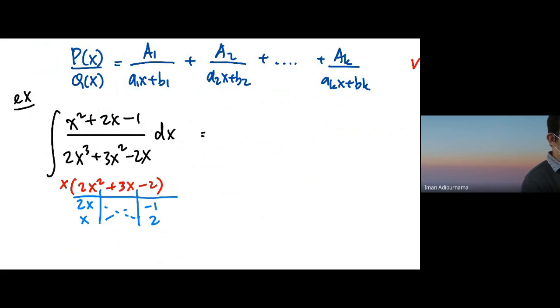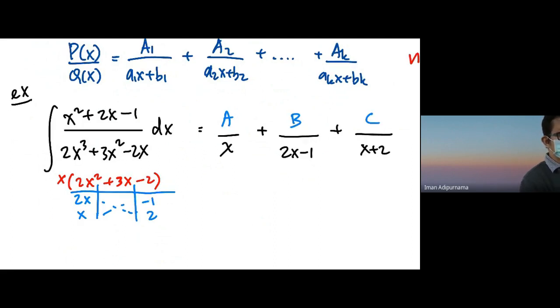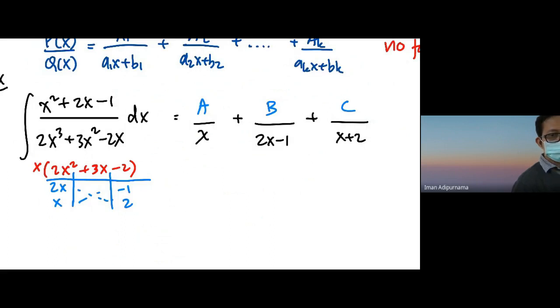So we will have x, 2x minus 1, and x plus 2, and we will have A, B, and C. Because if you find A, B, C later, they are constants, we can also integrate easily. All the elements here become ln, ln, and ln with a constant.